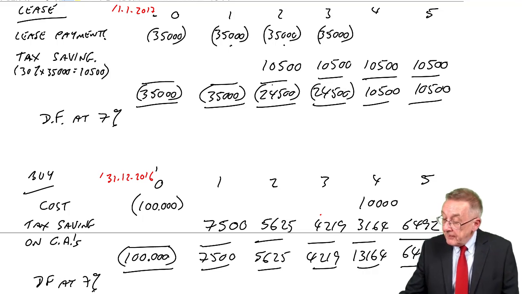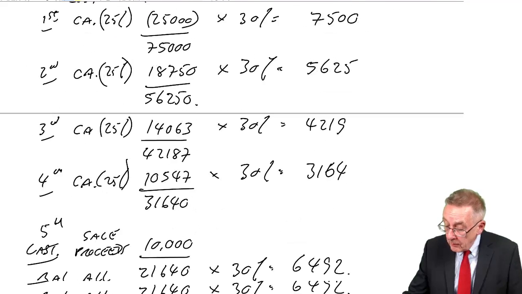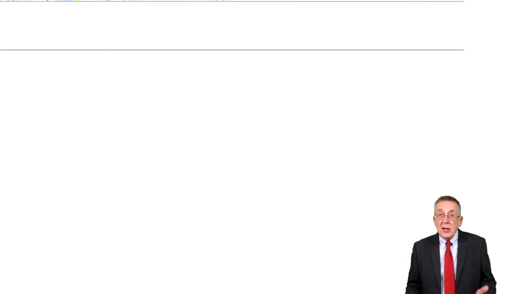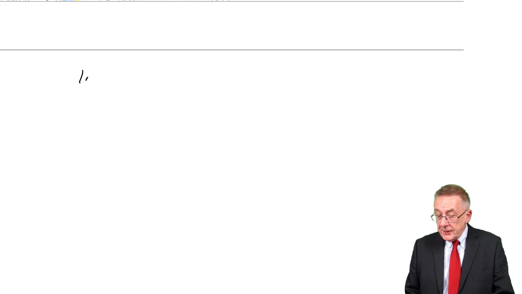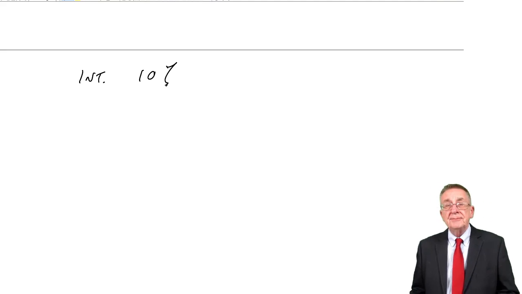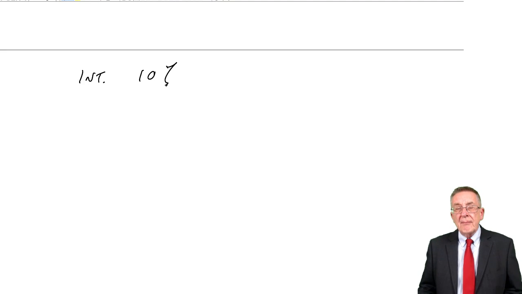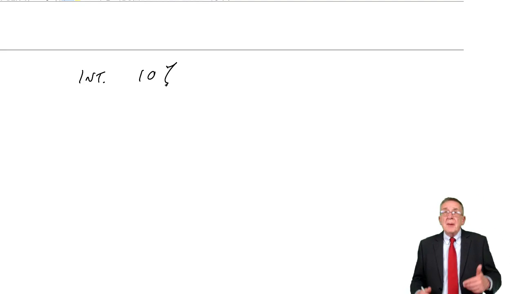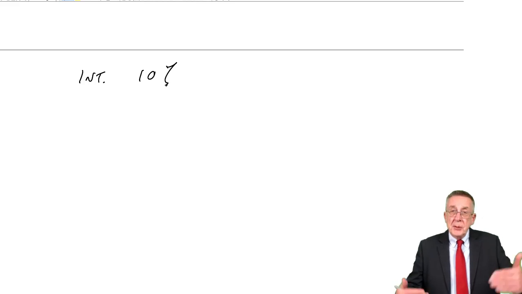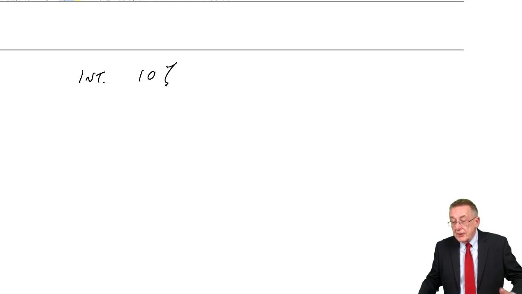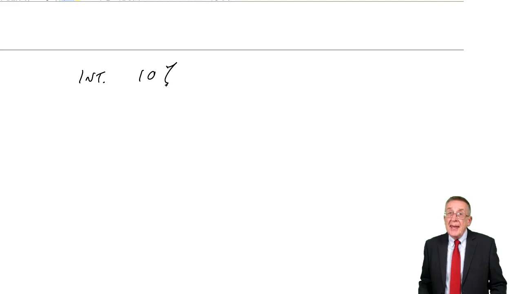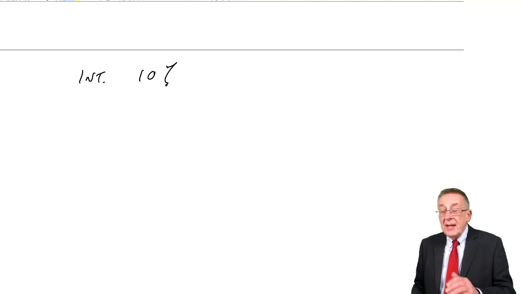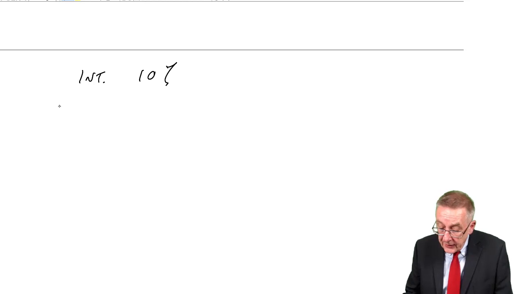The point is, and we'll say a lot more about the cost of money in later chapters, we might be paying interest at, let's say, 10%. But because interest reduces taxable profits, because paying more interest saves you tax, although you might be paying interest at 10%, you'll save tax at 30% of it.